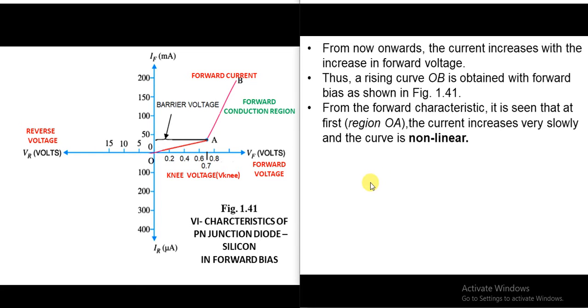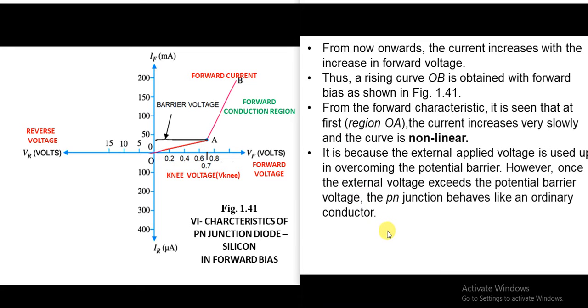From the forward characteristics, it is observed that the current increases very slowly from point O to A, and then the current increases from point A to B, and this curve is non-linear. It is because the external applied voltage is used up in overcoming the potential barrier.